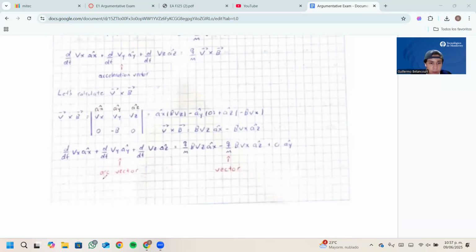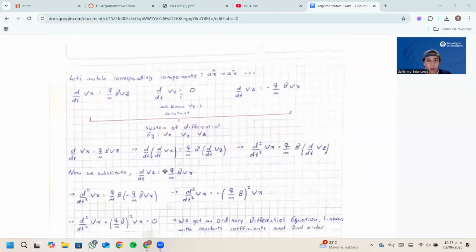And we are left with this, which is the arc vector, and this, which is a vector. So now we're going to match the corresponding components from both sides. And we get a system of differential equations of Bx, By, and Bz.